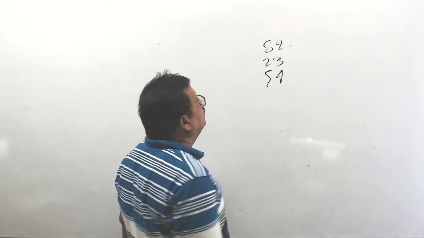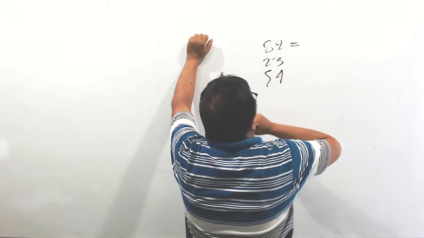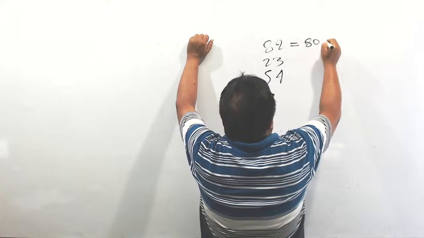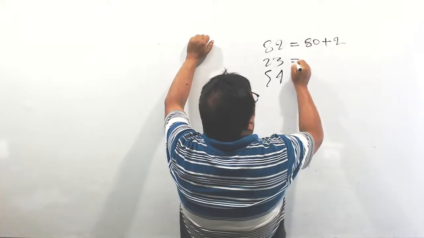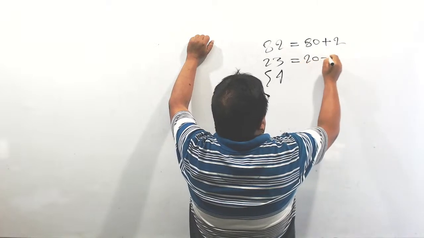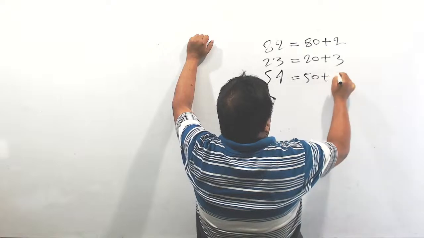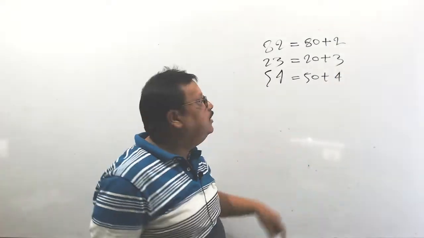Now, can you write 82 in expanded form in this way? That means 80 plus 2. 20 plus 3. Here 50 plus 4. This way we can express it.